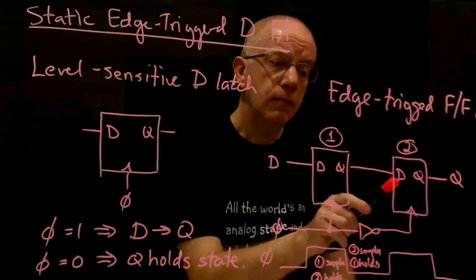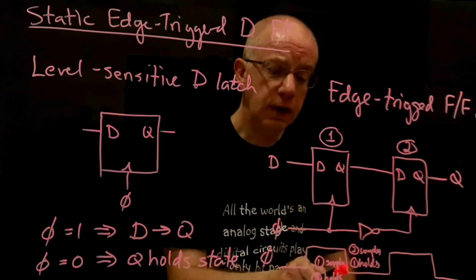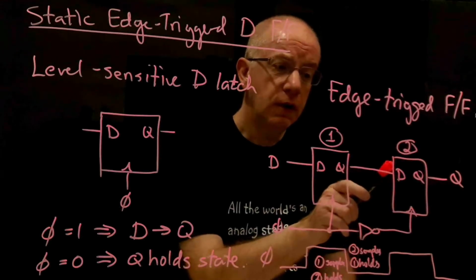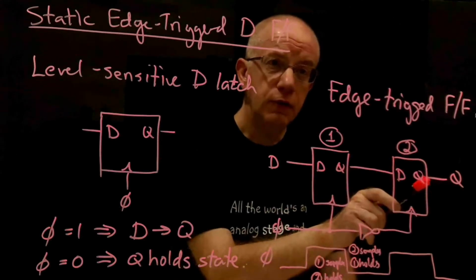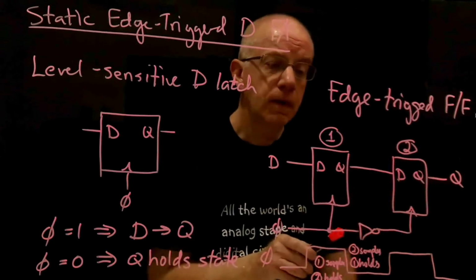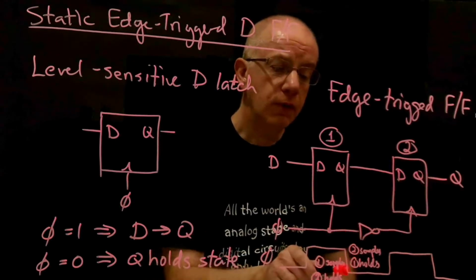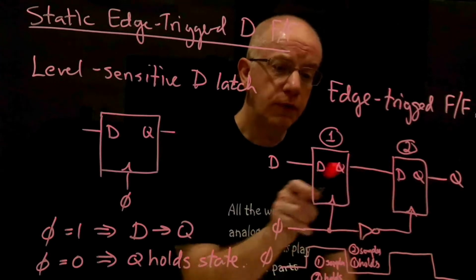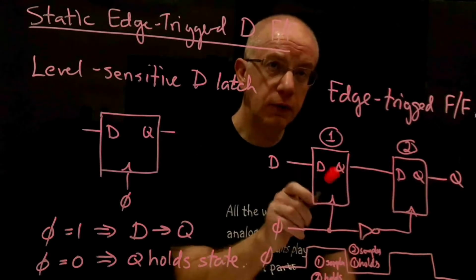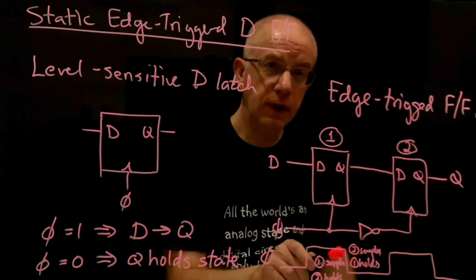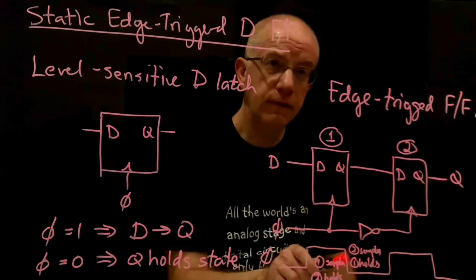Then on the falling edge of phi, D gets propagated to Q at the output, and for phi low, this maintains a constant value, the final value that was sampled during the phi high phase.